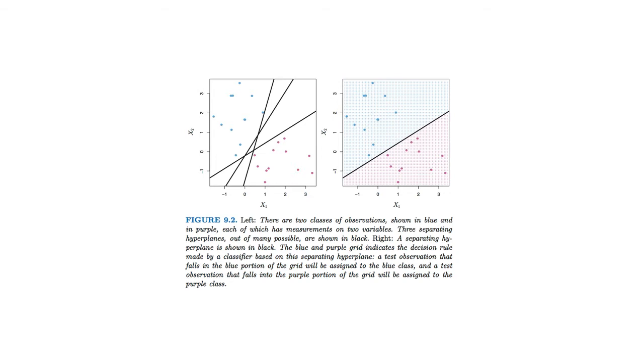Do you pick the one that's the most horizontal? Do you pick the one that looks like it works the best somehow? Well, in fact, what we'll do is pick the one on the right side, which is called the maximal margin classifier.